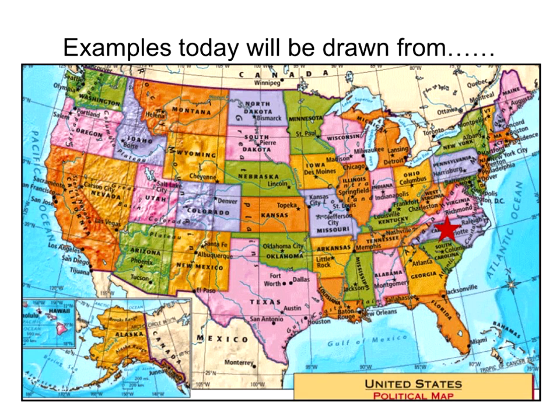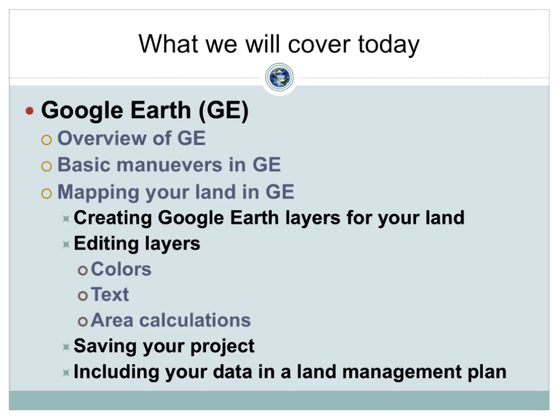Examples today are going to draw primarily from Western North Carolina. We're going to look at a couple of different examples, but we're going to stick primarily to North Carolina, but we could bounce around anywhere in the world.